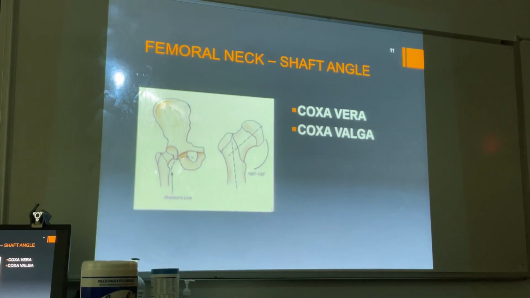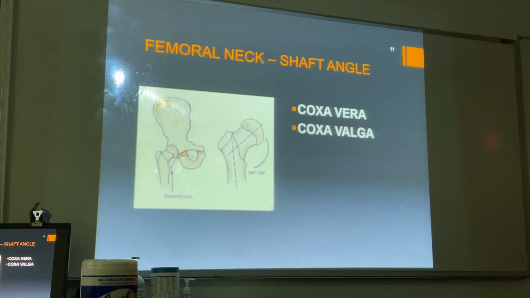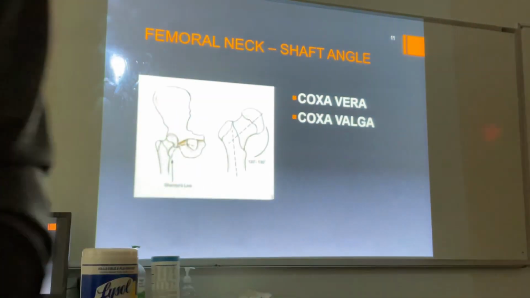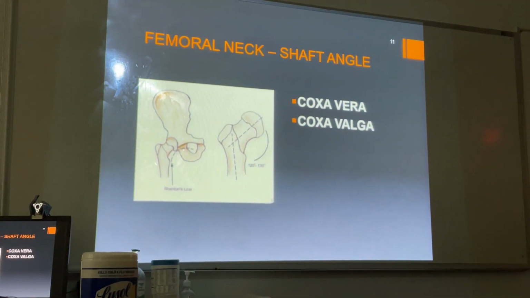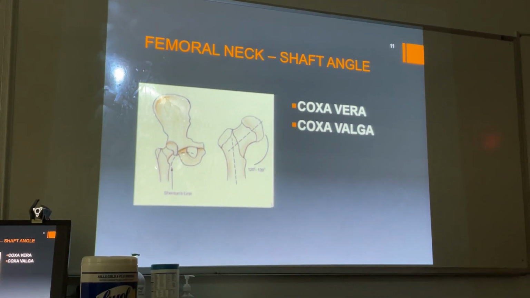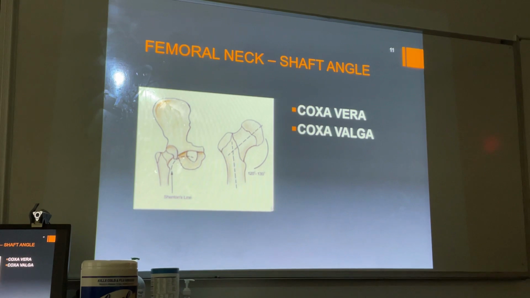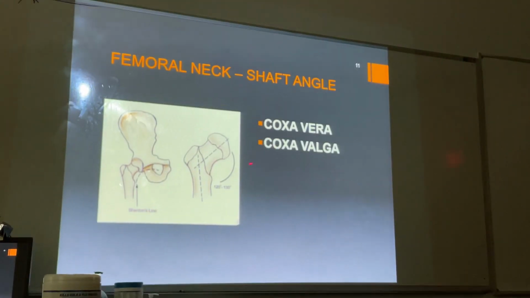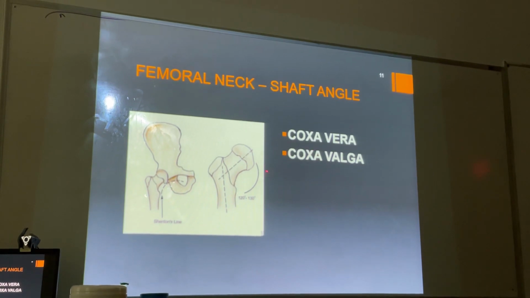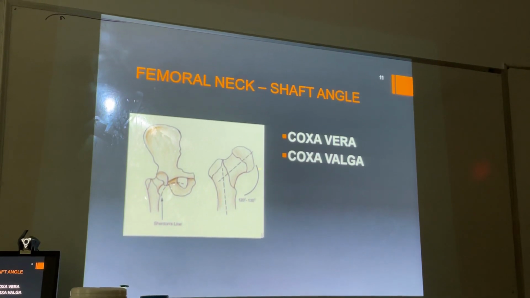Which line is considered in the evaluation of a slipped capital femoral epiphysis? It's either Klein's line, and we'll talk about that shortly, or this thing called the iliofemoral line.